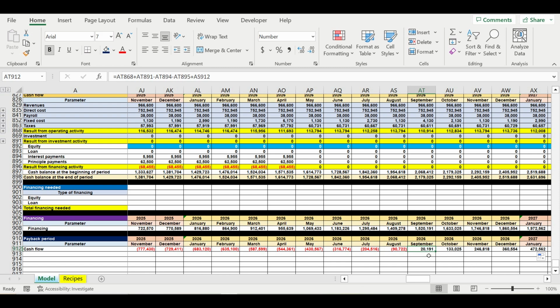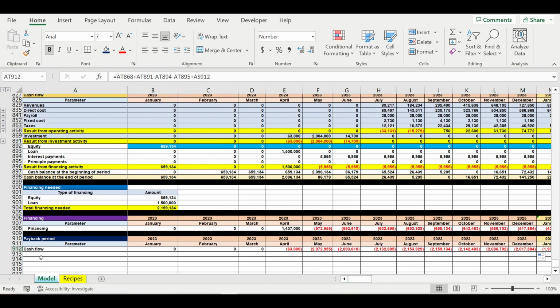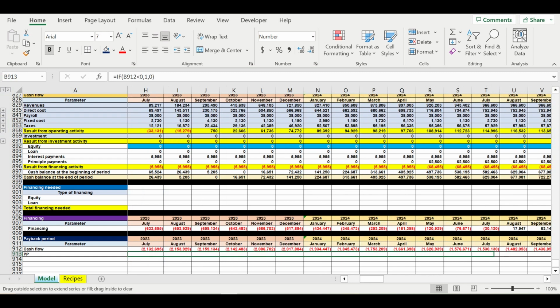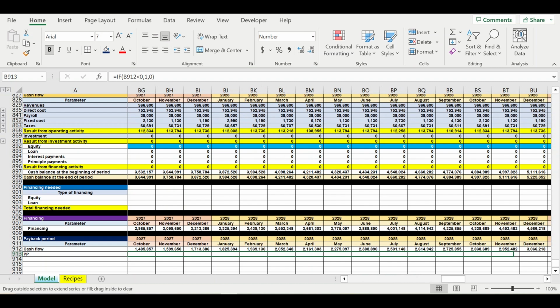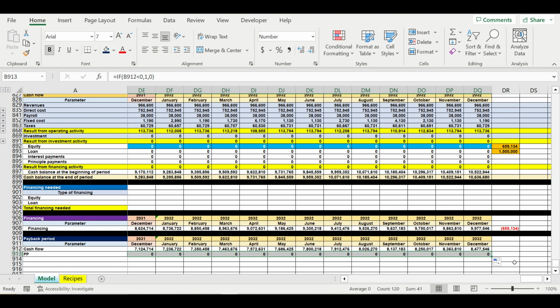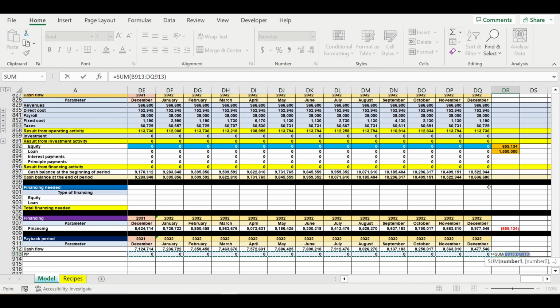Here it is. And if we want to calculate the number of months, we can write a very simple formula. If this value is less than 0, we will put 1, otherwise 0. Then we will extrapolate this formula to the right. Now we can create a total for this line.